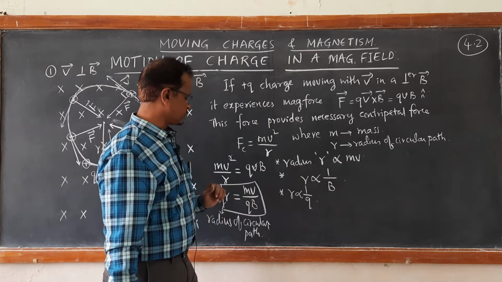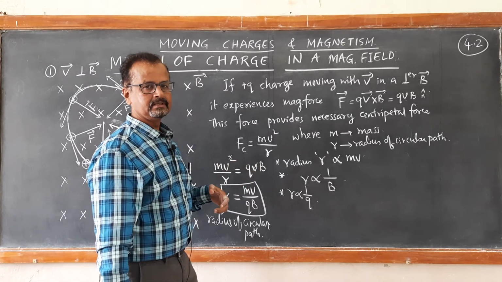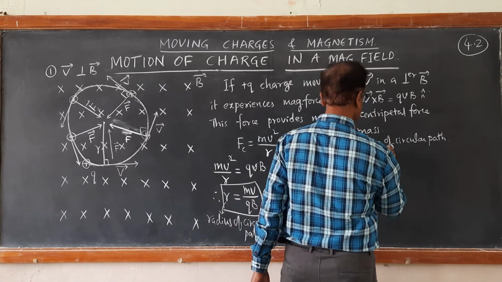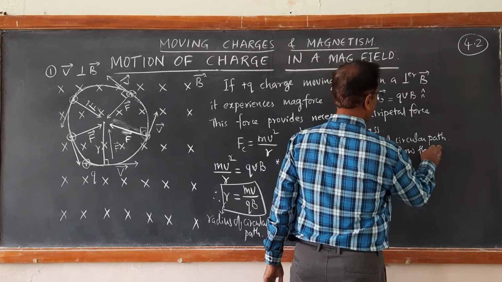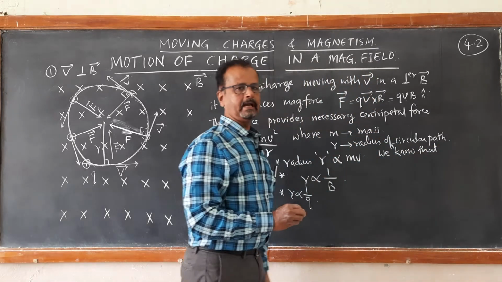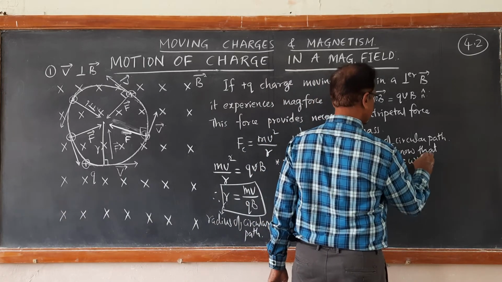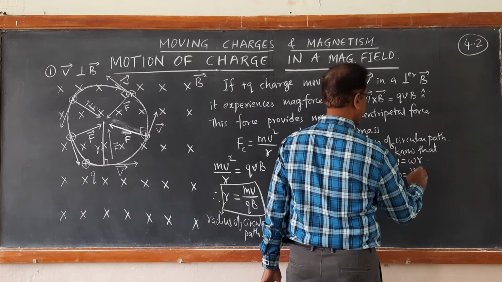Now using this, we can write the expression for angular frequency, given by omega. We know the relation between angular velocity and linear velocity: v equal to omega r. So this implies omega is equal to v by r.